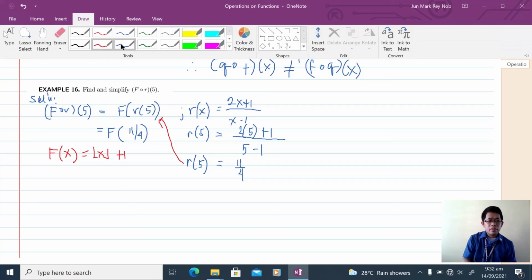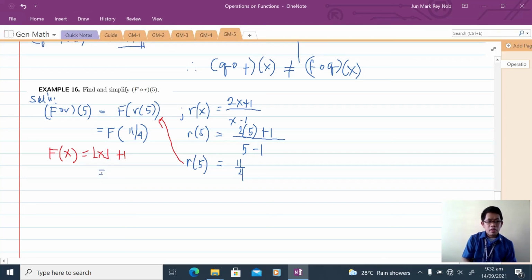So we will replace x with 11/4. So the greatest integer function of 11/4 plus 1. 11/4 is simply equal to 2.75.